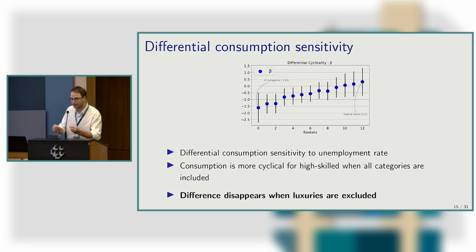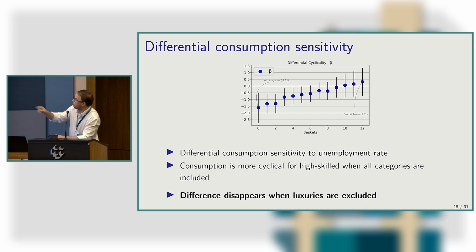The cutoff I used to separate those two baskets, what I call luxuries and necessities, was arbitrary. So what I do here is use my ranking to construct this differential consumption sensitivity. Now I'm using the unemployment rate as a measure of the cycle, and I exclude the luxury goods component by component.